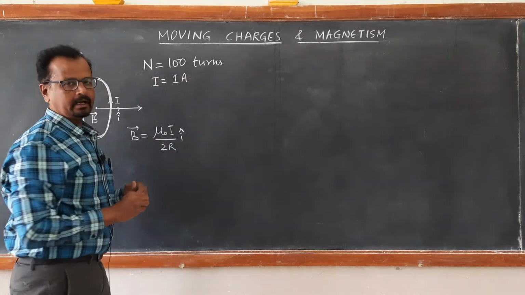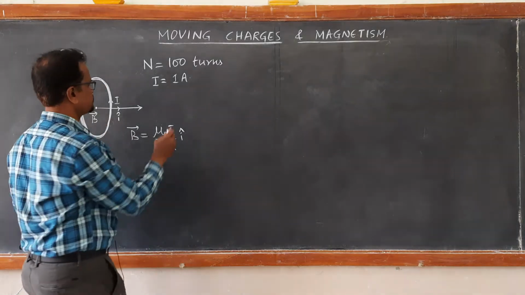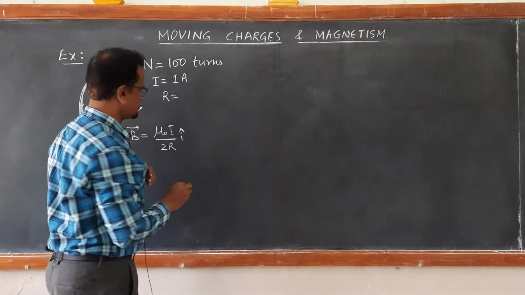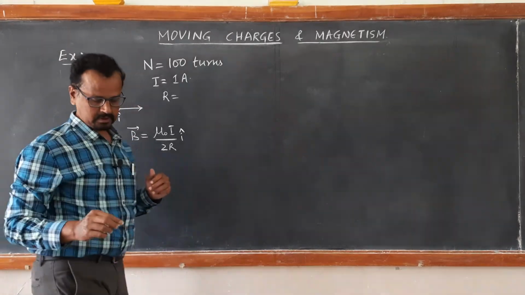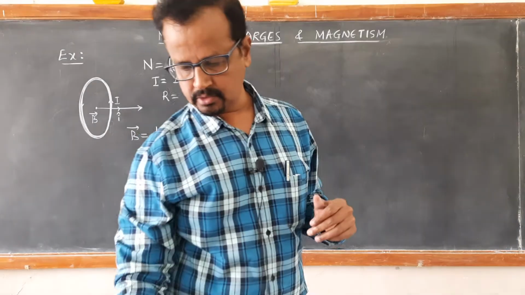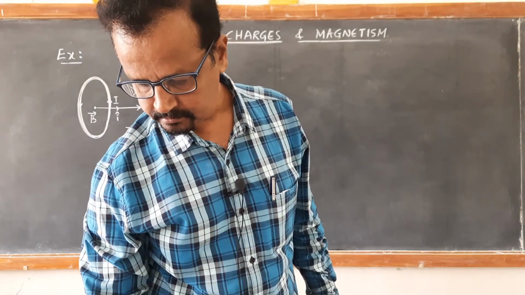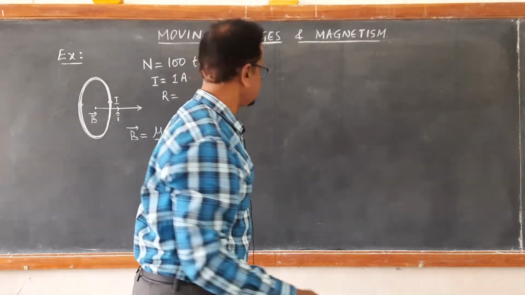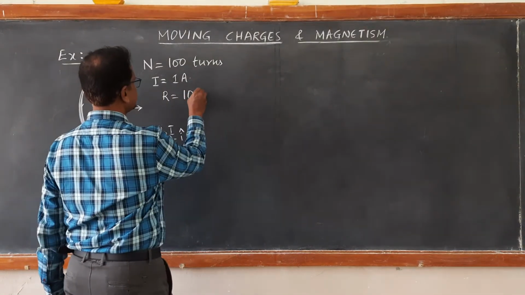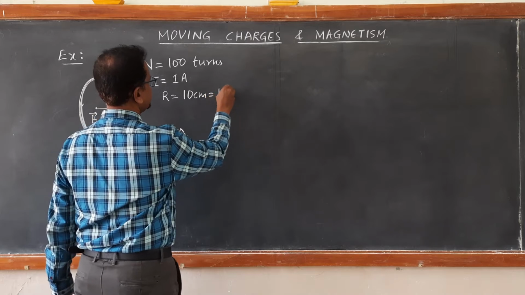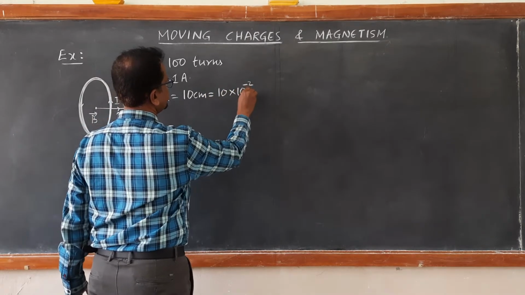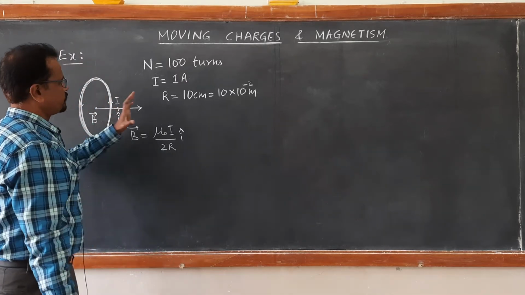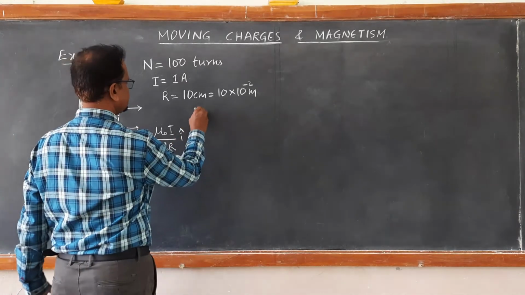The radius of this loop is given as 10 centimeter. That is 10 into 10 to the power of minus 2 meter in SI units. You are asked to find the value of magnetic field at the center.